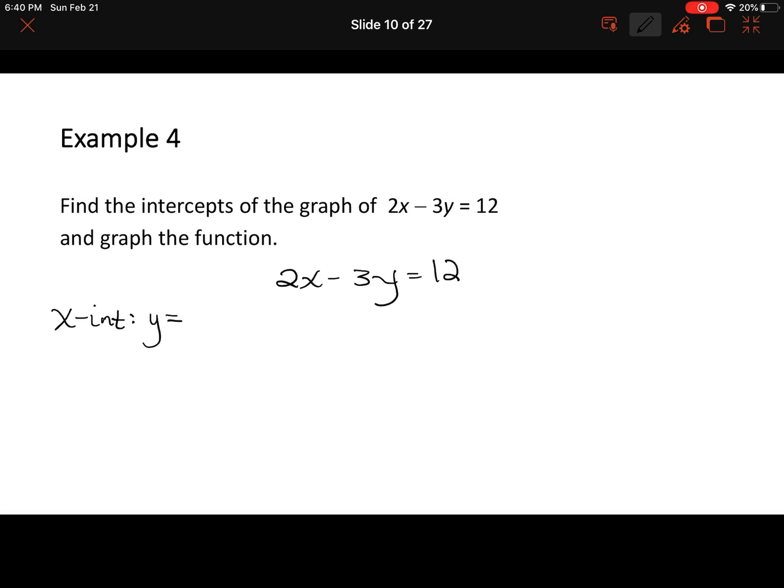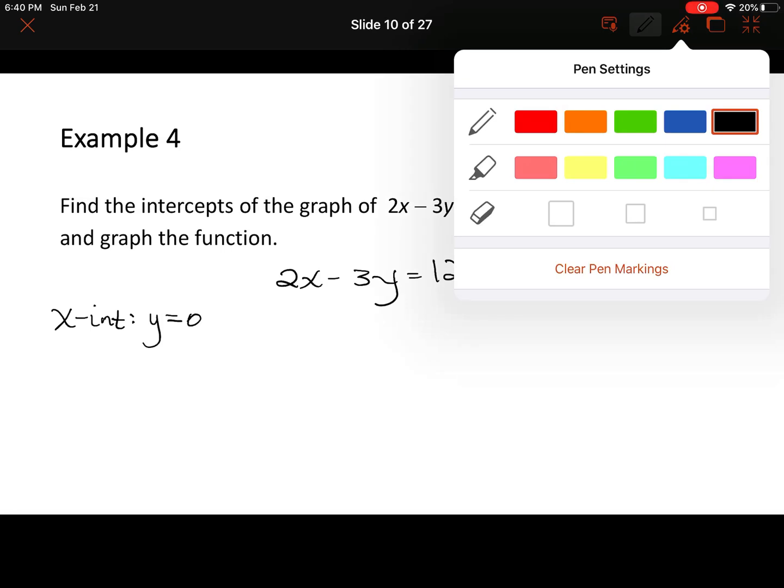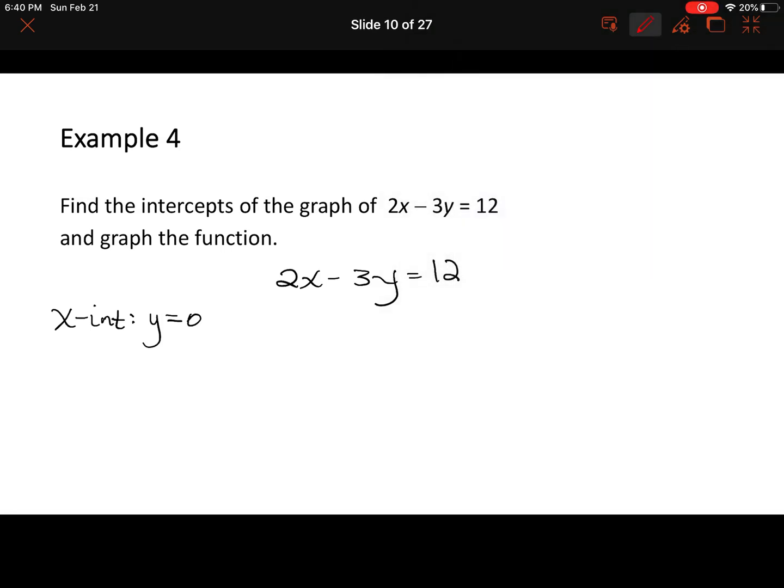If you said 0, you are on it. So you set y equal to 0. Plug that information into your equation. So you have 2x minus 3 times 0, so you have 2x equals 12.